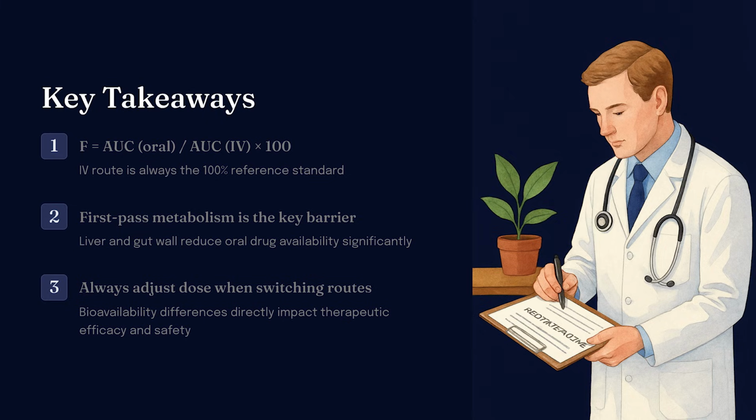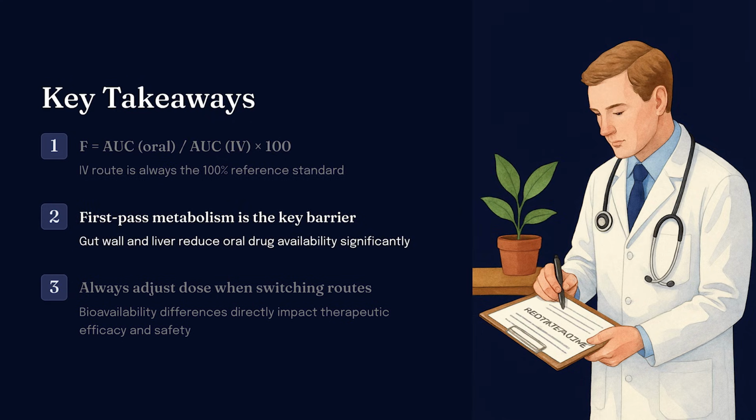Key takeaways. Finally, let's summarize the three key takeaways about bioavailability. First, bioavailability can be estimated by comparing the AUC after oral administration with the AUC after IV administration. The IV route is the 100% reference standard because the entire administered dose directly reaches systemic circulation.